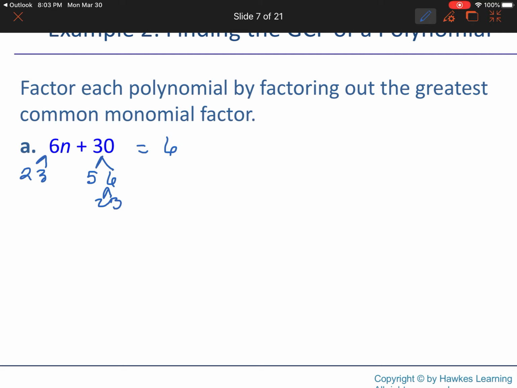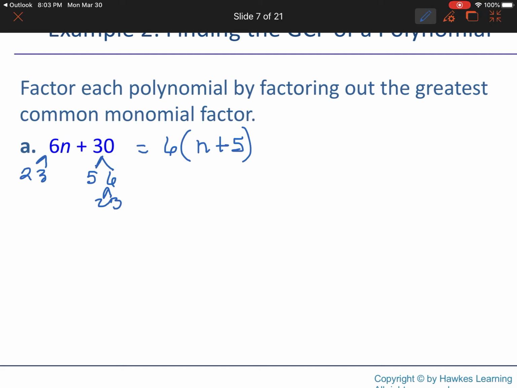So 6 is in common. So I pull that out, and what's left? The n plus, and what do I have left when I take out the 6 out of 30? Well, if I did 30 divided by 6, that would be a 5, right?